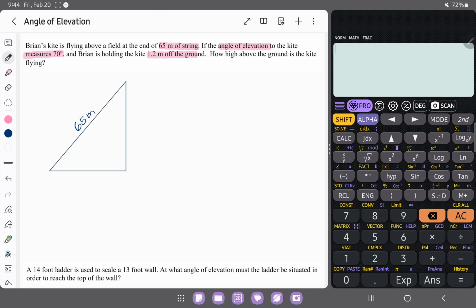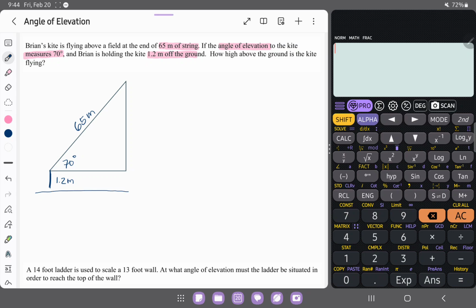Then, ang sabi, the angle of elevation of the kite is 70 degrees. Then, take into consideration na ang sabi, si Brian daw ay hawak itong kite sa taas na 1.2 meters. Okay? So, hinahanap daw po kung gaano kataas mula sa ground yung paglipad ng ating kite.